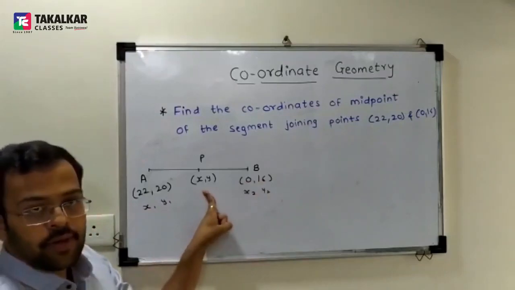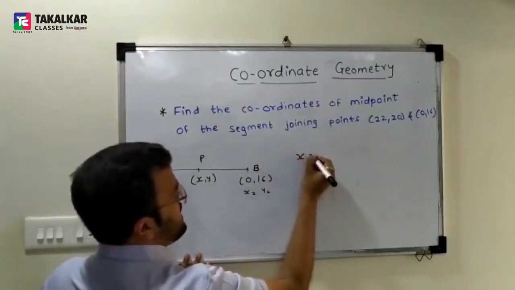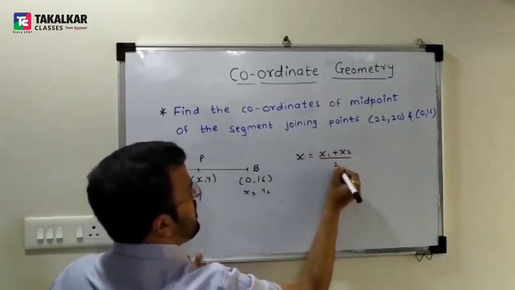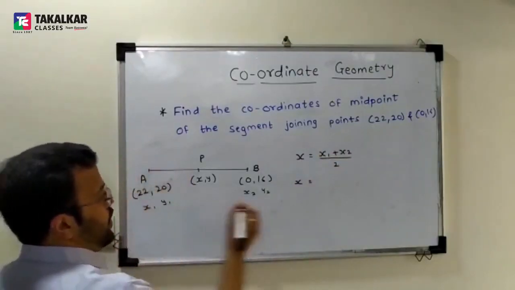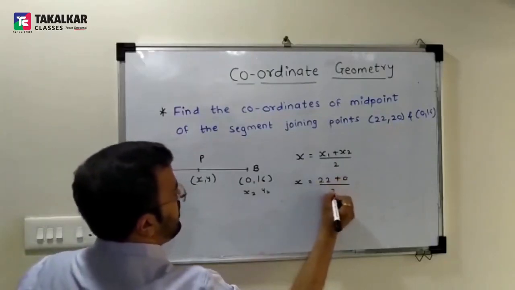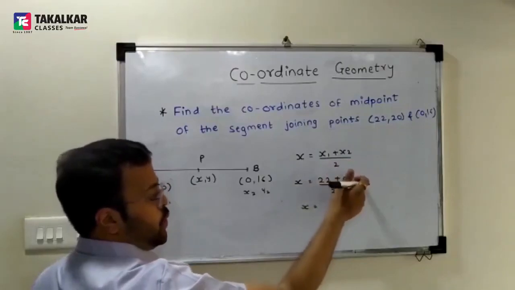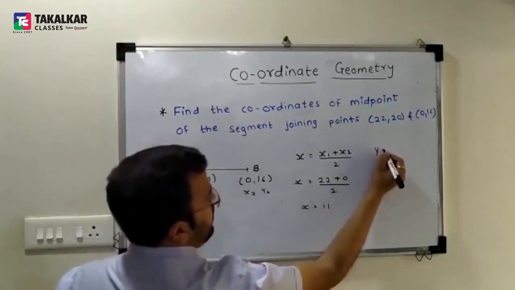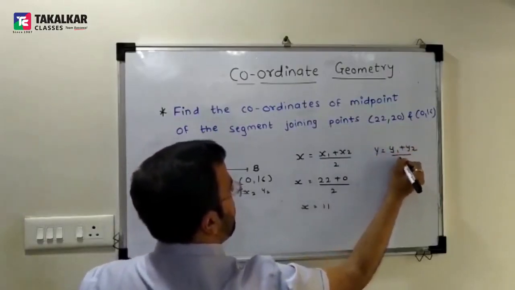I have to calculate the midpoint, so I will use the midpoint formula. So what is my formula? x is equal to x1 plus x2 upon 2. Just substitute the values. x is equal to, what is x1? 22. What is x2? 0, upon 2. So 22 plus 0 will give me 22. 22 upon 2 is 11. Similarly, use the formula for y. y is equal to y1 plus y2 upon 2.